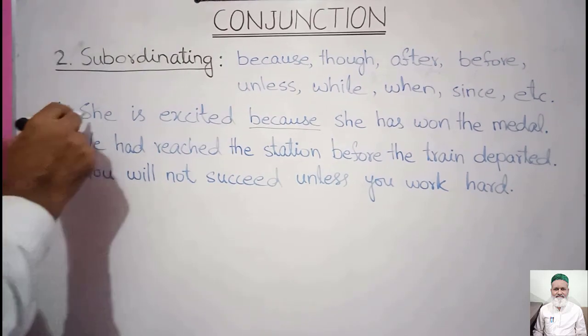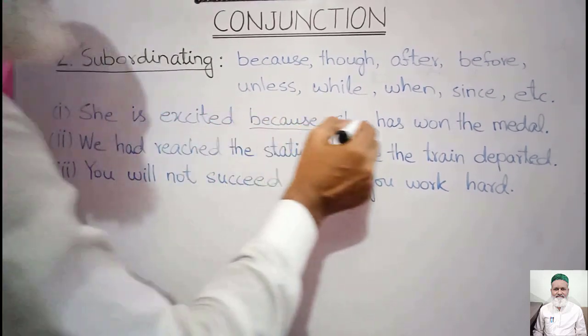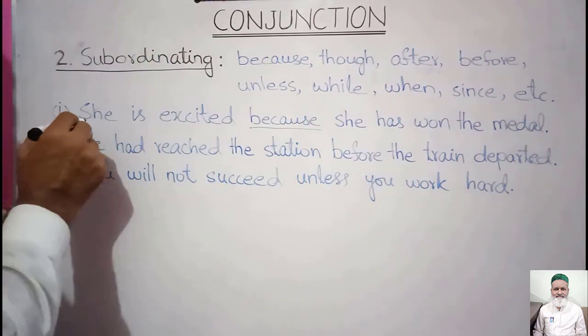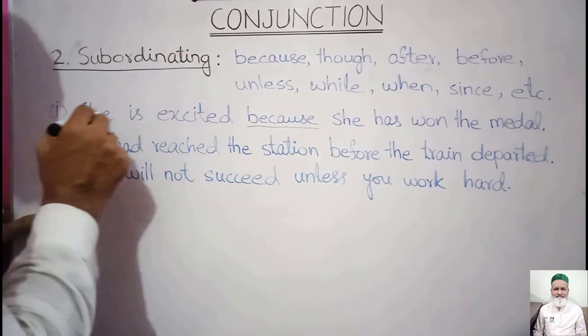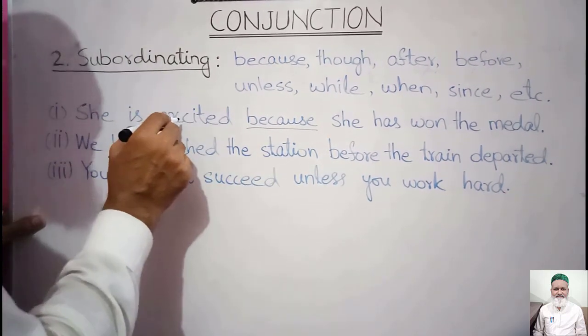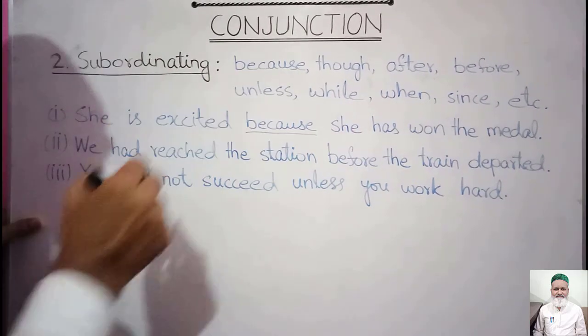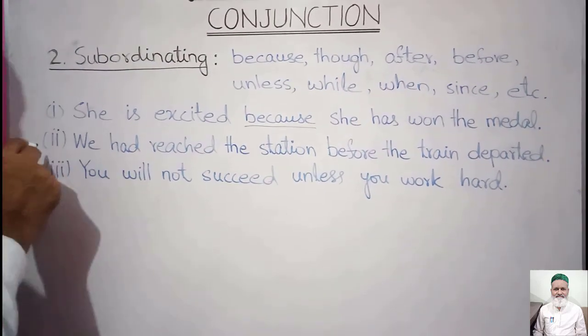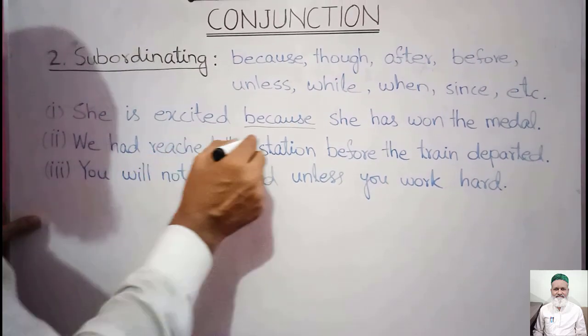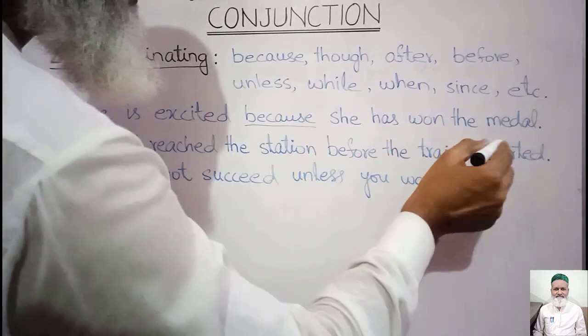In example 1, she is excited because she has won the medal. This part, she is excited, is an independent clause, whereas because she has won the medal is a dependent clause. In sentence number 2, we had reached the station before the train departed.